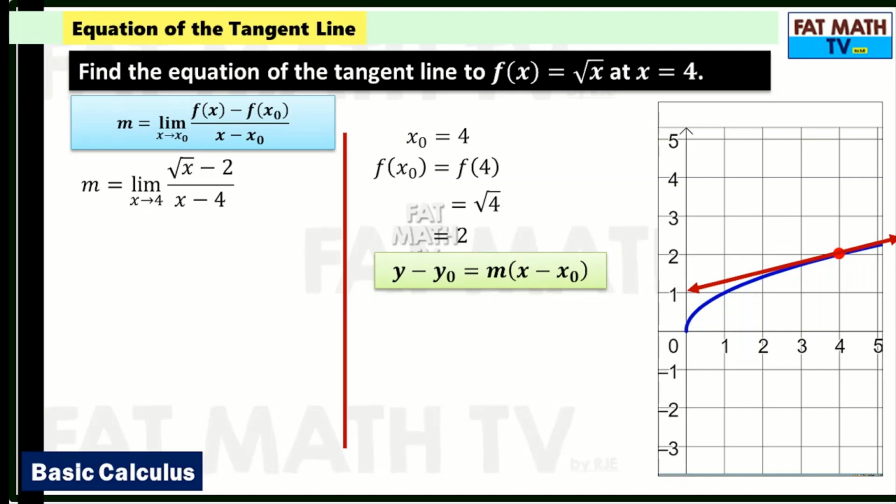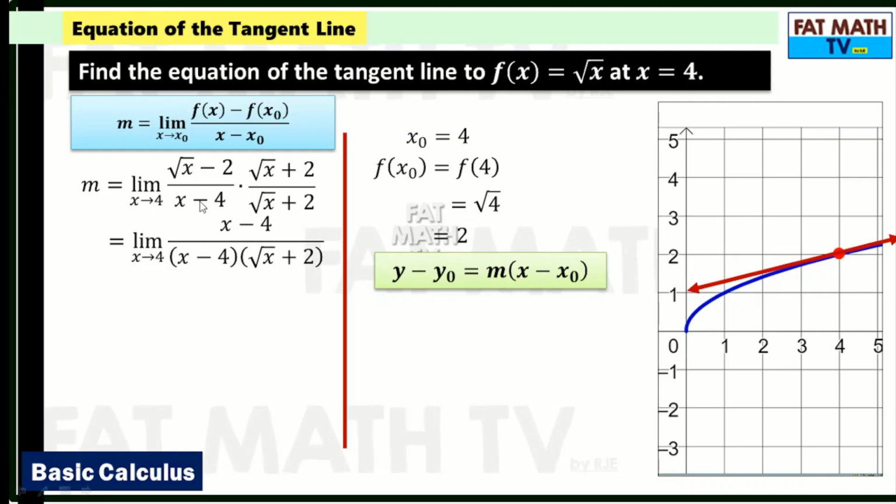So what we're going to do is multiply by square root of x plus 2 so that the square root in the numerator will be gone. So you will have square root of x times square root of x, or the square of that is x. And then the square of 2 is 4. So you will have the difference of the squares. Since we're multiplying a difference and a sum of two terms, the product is the difference of the squares.